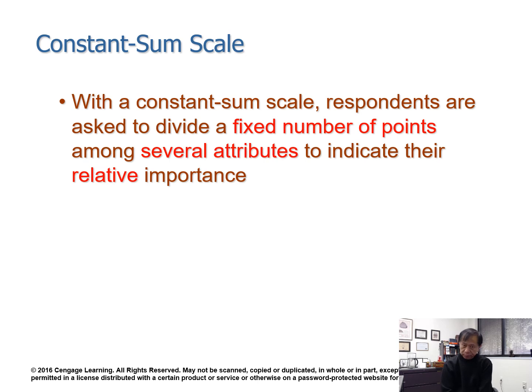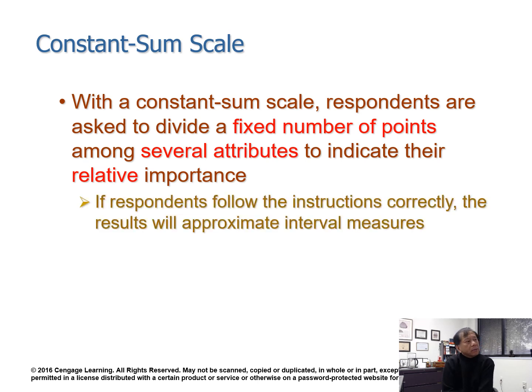Constant sum scale. Sometimes we use a constant sum scale. With the constant sum scale, respondents are asked to divide a fixed number of points among several attributes to indicate their relative importance, but they add together to the same total. If respondents follow the instructions correctly, the results will approximate interval measures.